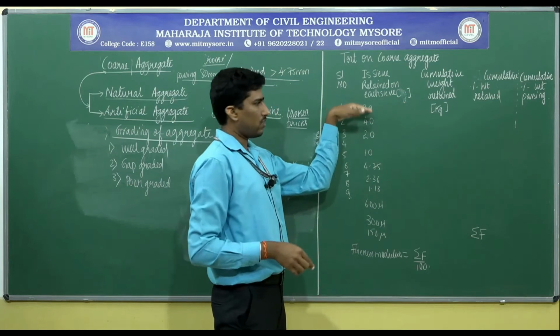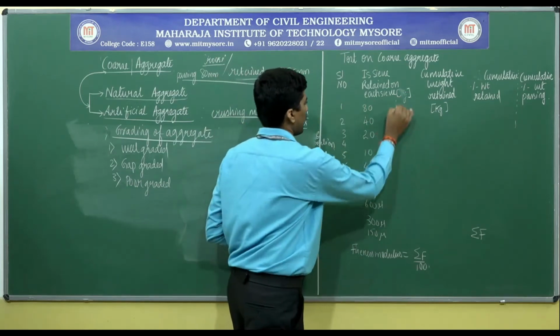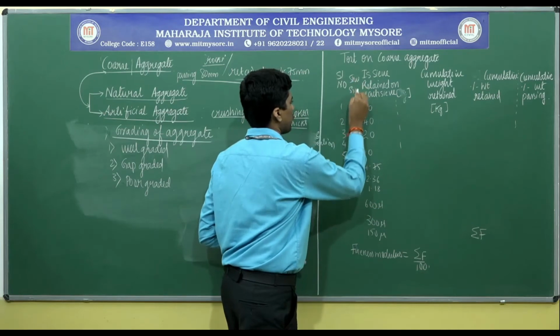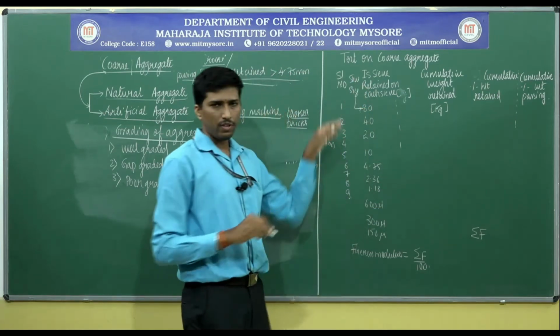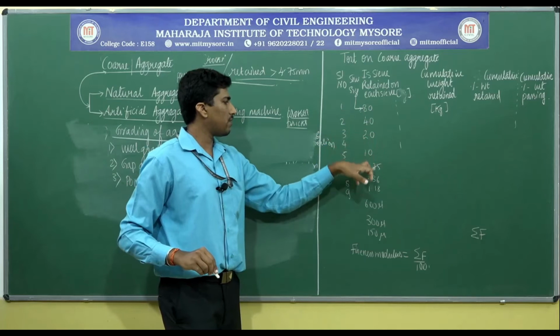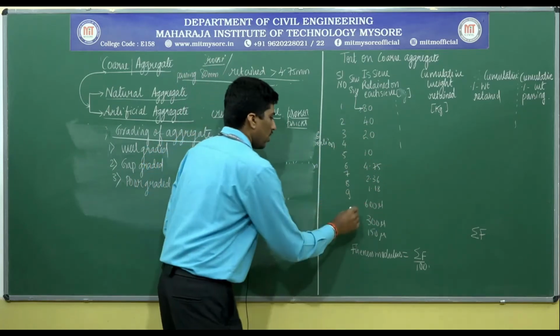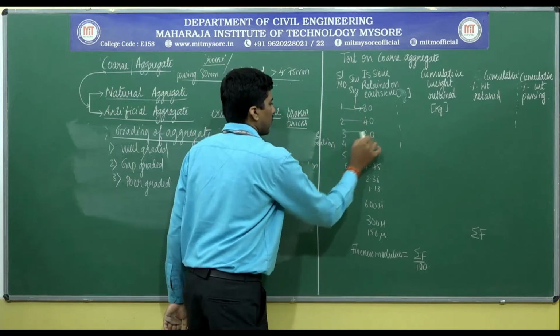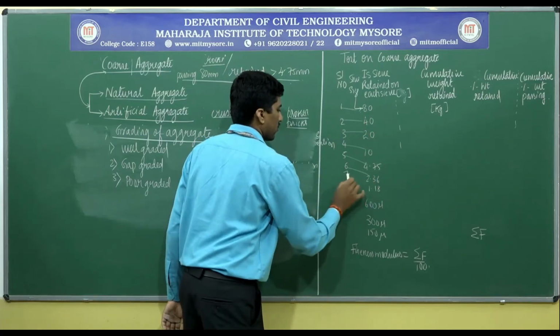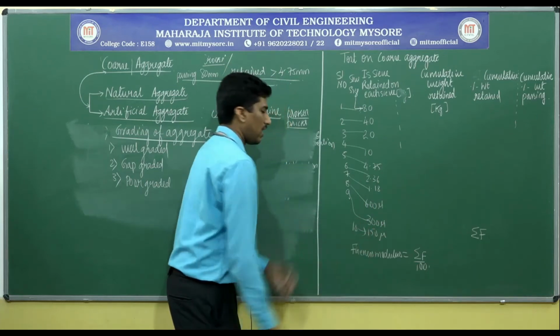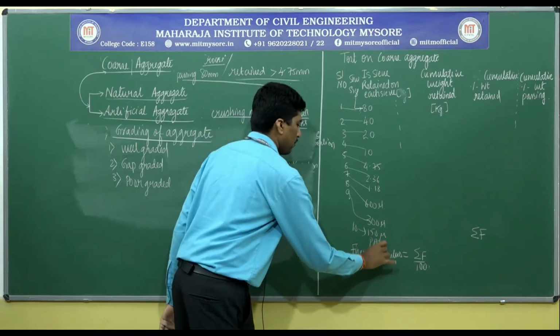for example, if you see here in terms of the sieve numbers, this is quite different. These are the sieve sizes: 80 mm, 40, 20, 10, 4.75, 2.36, 1.18, 600 micron, then followed by the 10th one, 150 micron, and you also have a pan at the bottom.